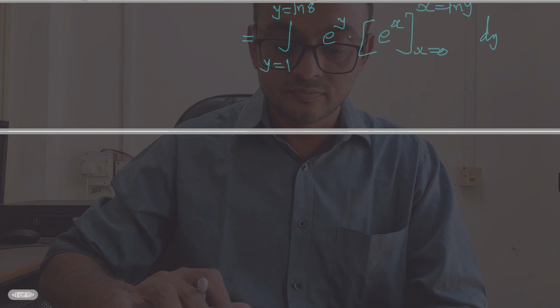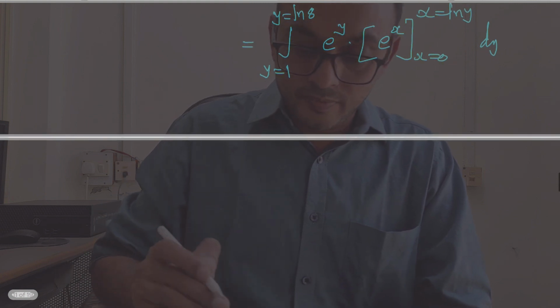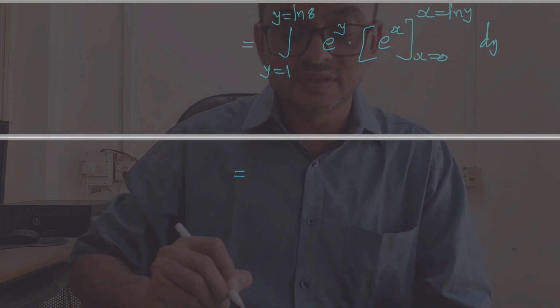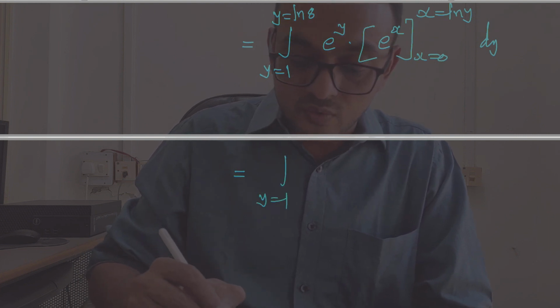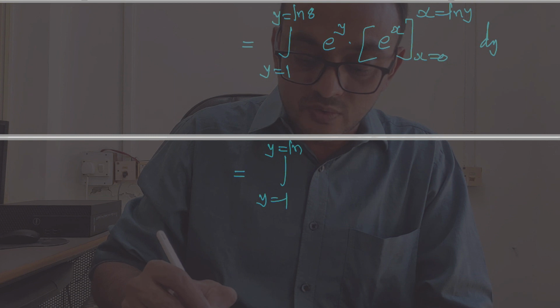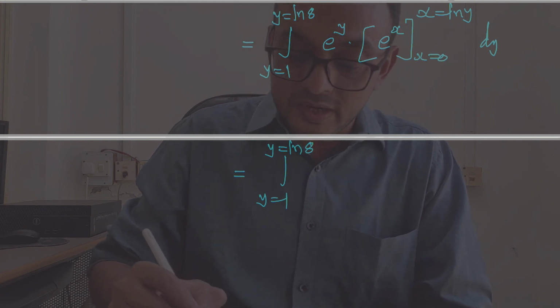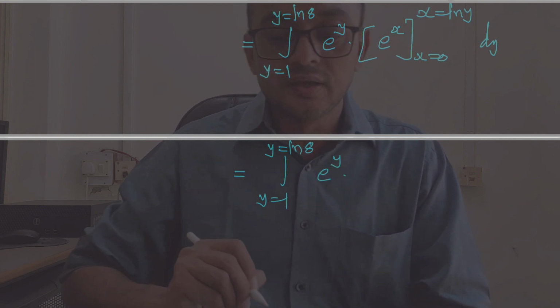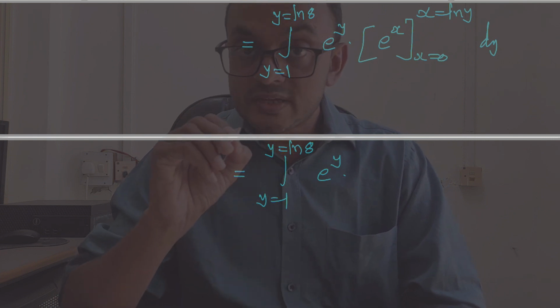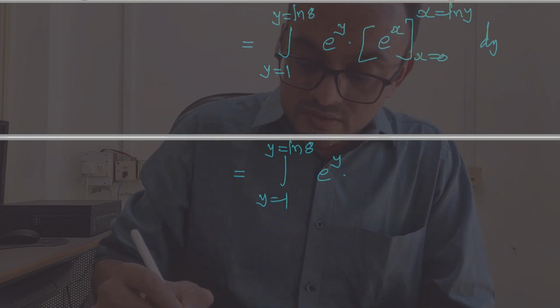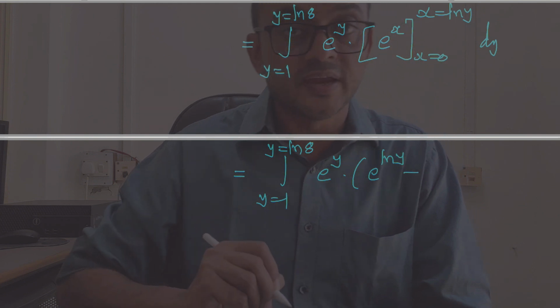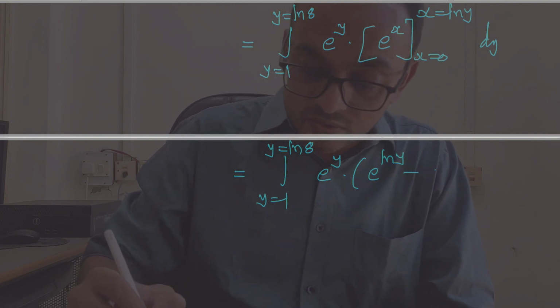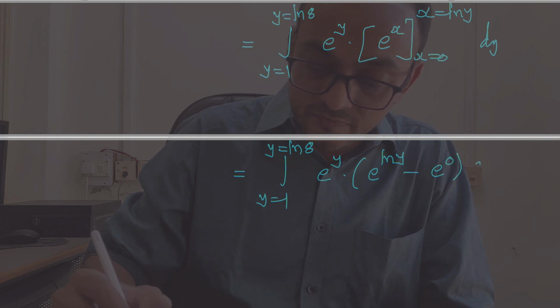Then what is this? This is equal to integration y is equal to 1 to y is equal to ln 8 e raised to y as it is. What is x? Upper limit is ln y. So this is e raised to ln y minus sign for lower limit. x equal to 0, so this is e raised to 0 dy.